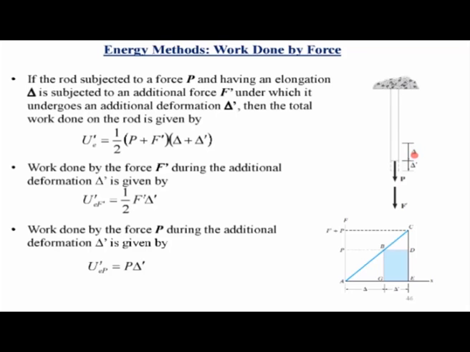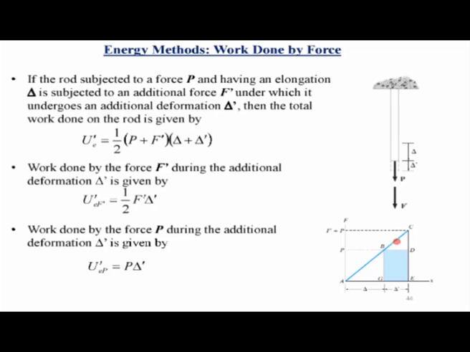So the final deformation of the bar now is delta plus delta dash, and the total load acting on the bar is P plus F dash. So if the rod subjected to a force P and having an elongation delta is subjected to an additional force F dash under which it undergoes an additional deformation delta dash, then the total work done is now half (P plus F dash) times (delta plus delta dash).